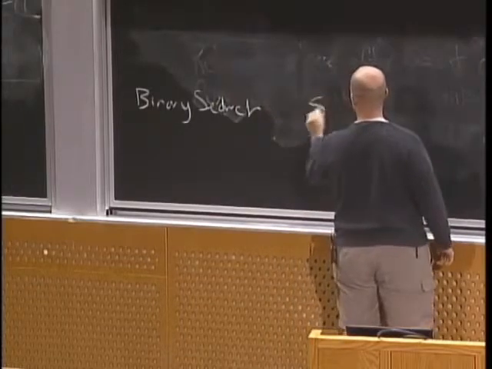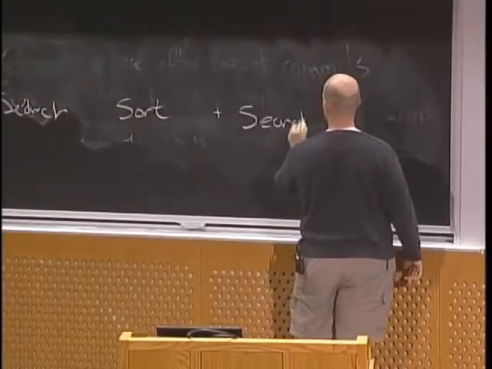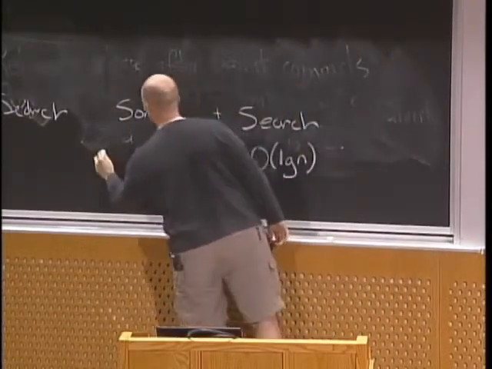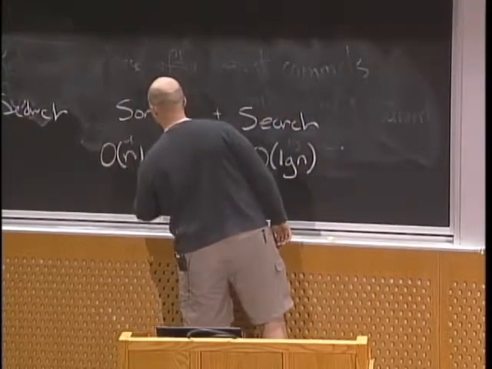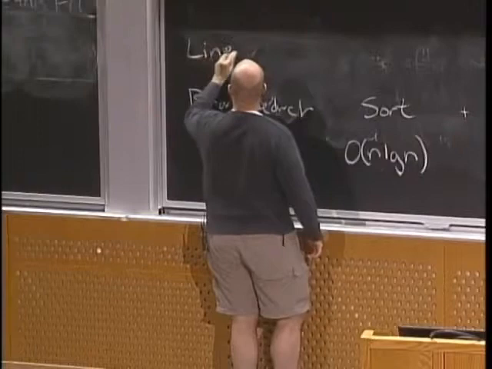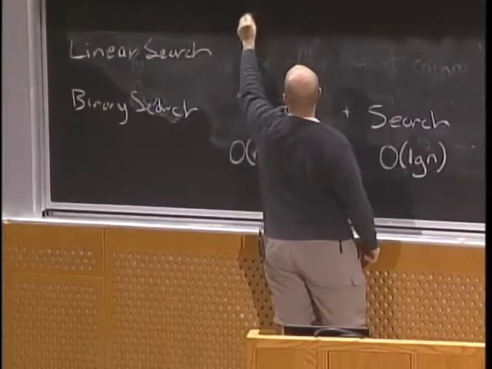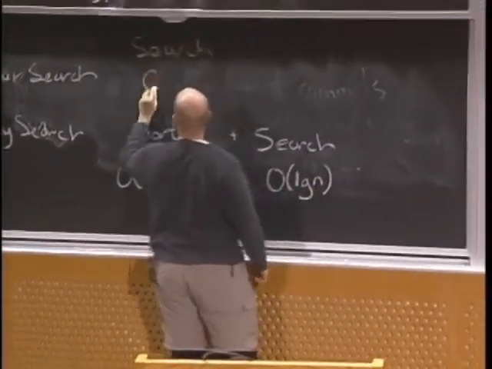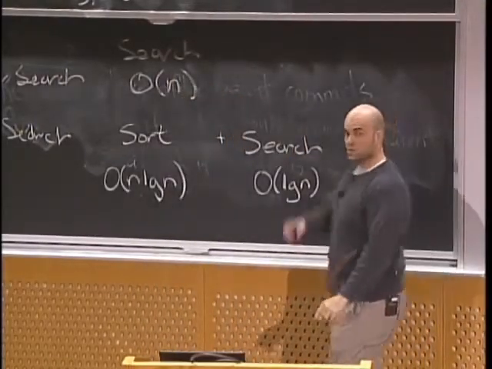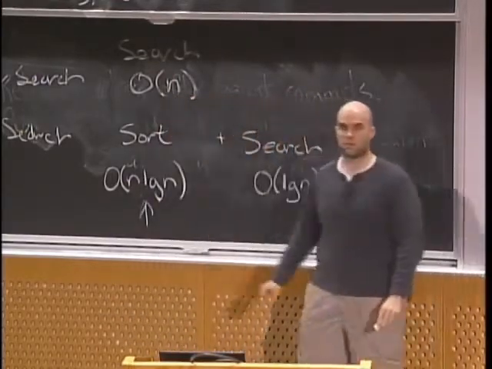I have to sort and then search, whereas if I do a linear search, I just have search. And for just a single search with binary search, the sorting is going to dominate my complexity.